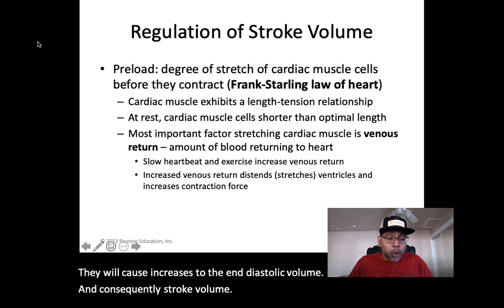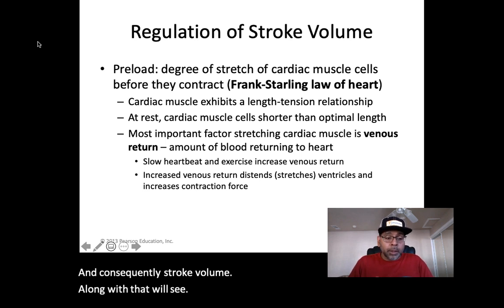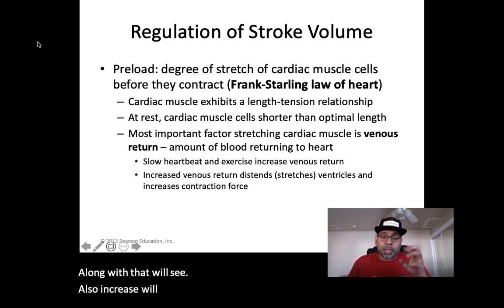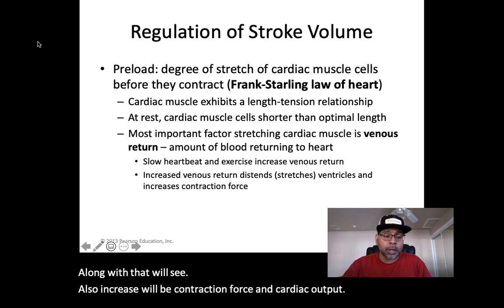Along with that, we'll also see increases in contraction force and cardiac output.